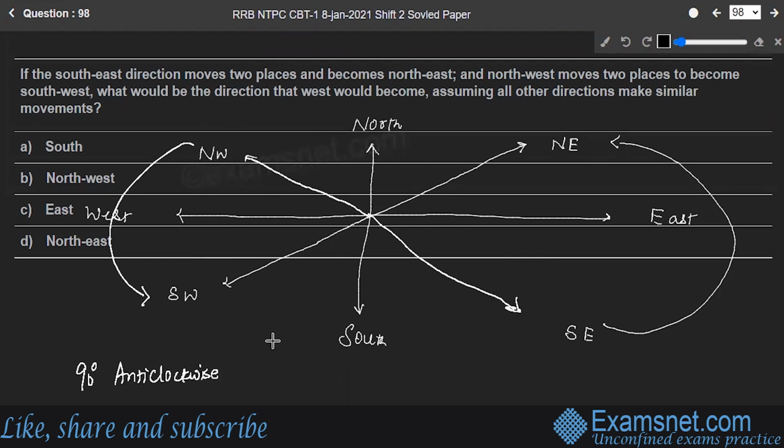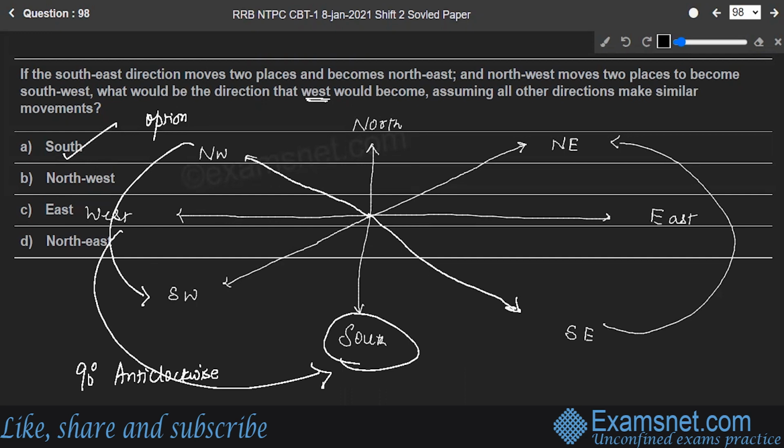So the direction west, what would west become? If it will move 2 places, it will of course become south. Assuming all other direction makes similar movements. So west will move 2 places to become south, of course. That means option A is the correct answer to the question.